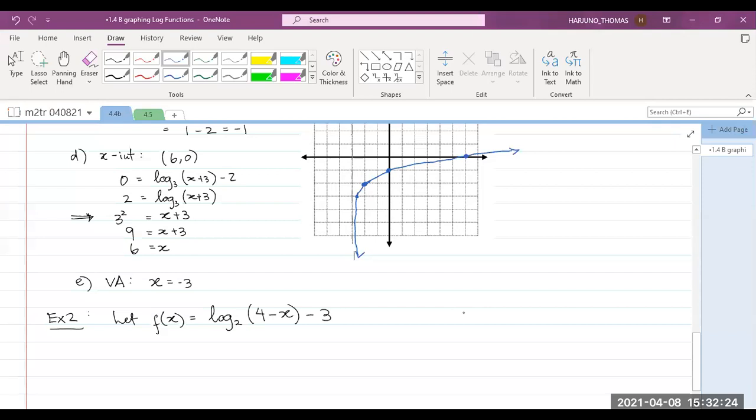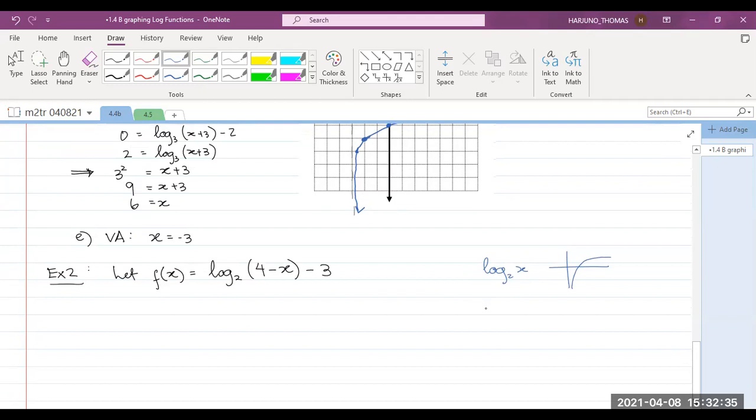We start from log base 2 of x. So you imagine this on your scratch paper. Log base 2 of x looks like this. And then we will move 4 units to the left, replacing x by x plus 4. So you move 4 units to the left. That's what it looks like.